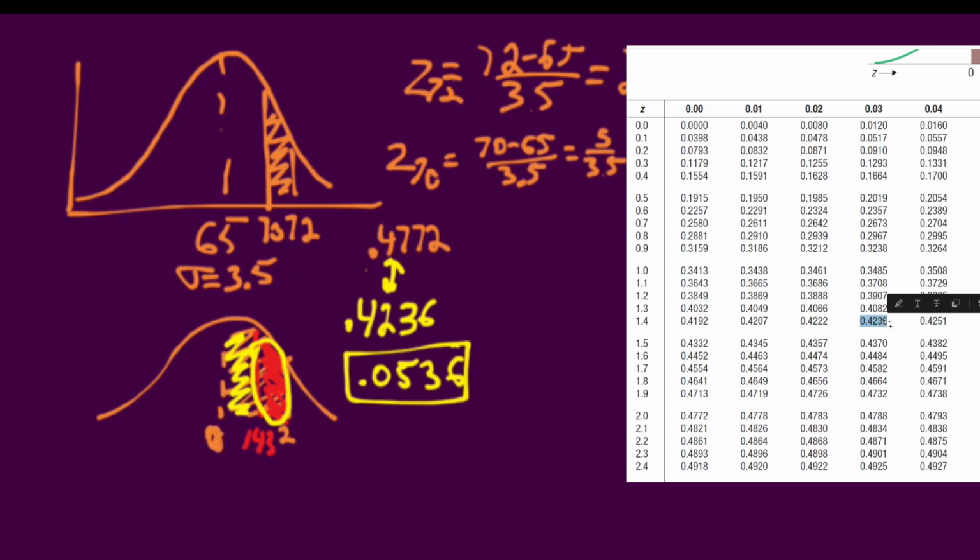And so that tells us that 5.36% of women are between 70 and 72 inches. More generally, if we ever have 1.43 standard deviations above the mean and 2 standard deviations above the mean, it's going to be a little over 5%.